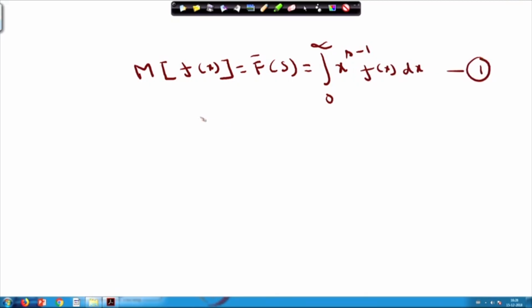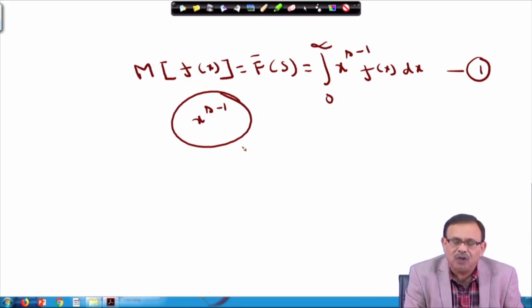As I told you, your kernel here is x to the power s minus 1. For Laplace transform it was different, for Fourier transform it was different, for Fourier sine and cosine also it was different. So, whenever I change the kernel, I get various kinds of transforms, and please note that here s is the complex number.